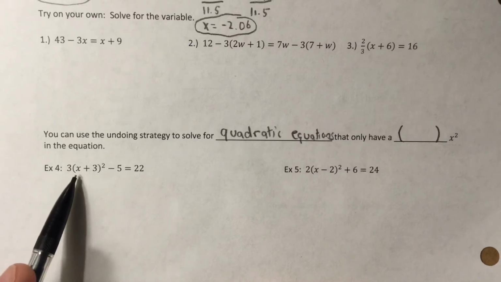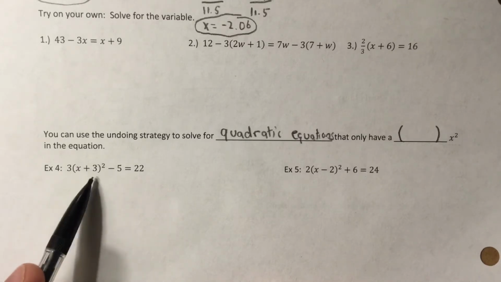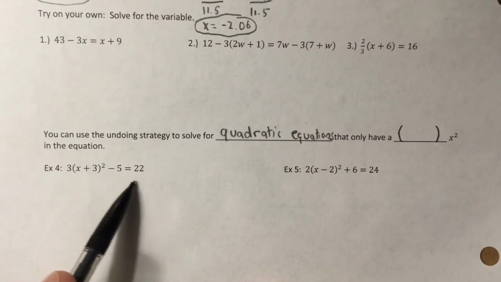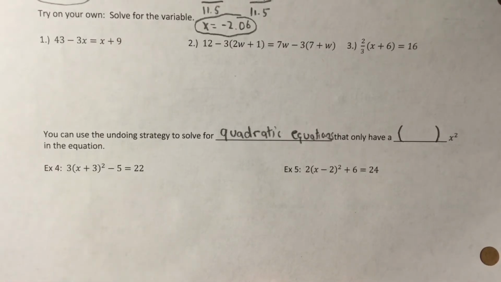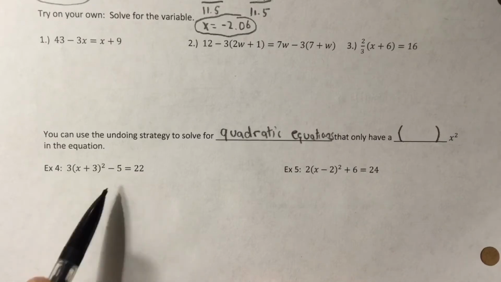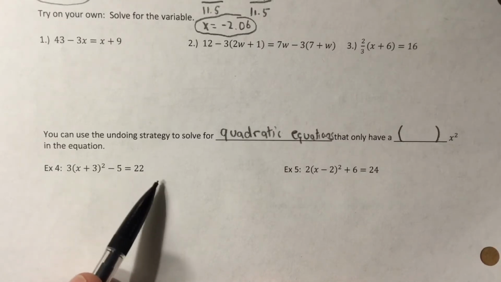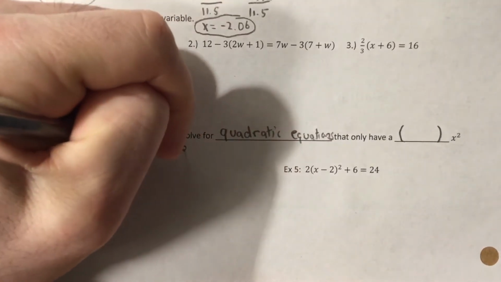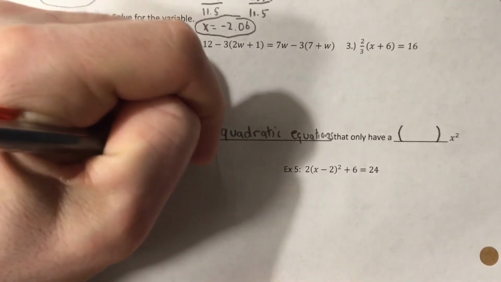If you look at example 4, we have this big old parentheses squared. There's nothing else in there, no other x's, no other x squareds outside of that. So this is where we can use the undoing strategy. It actually makes life much easier.